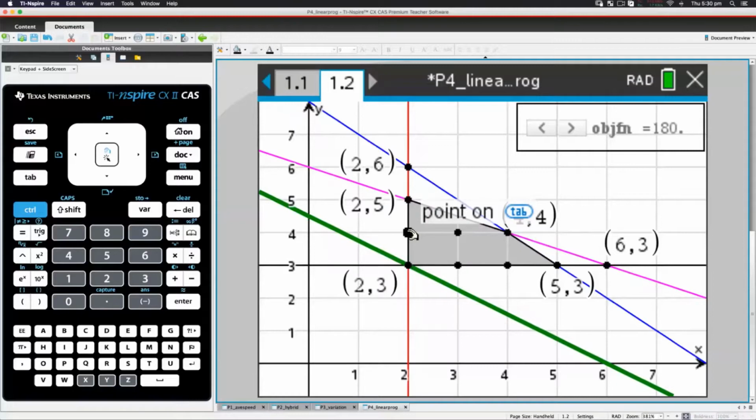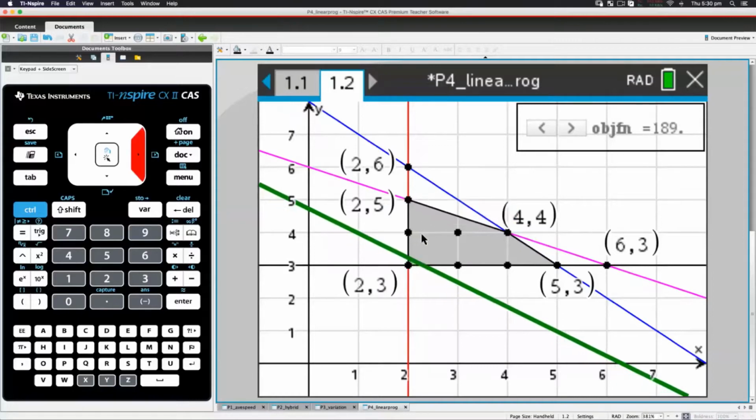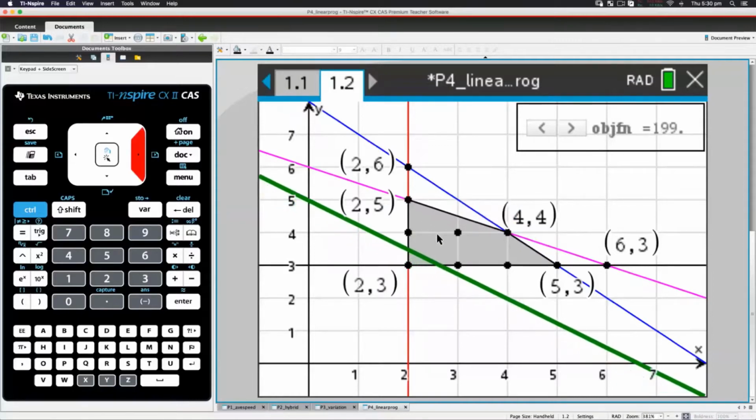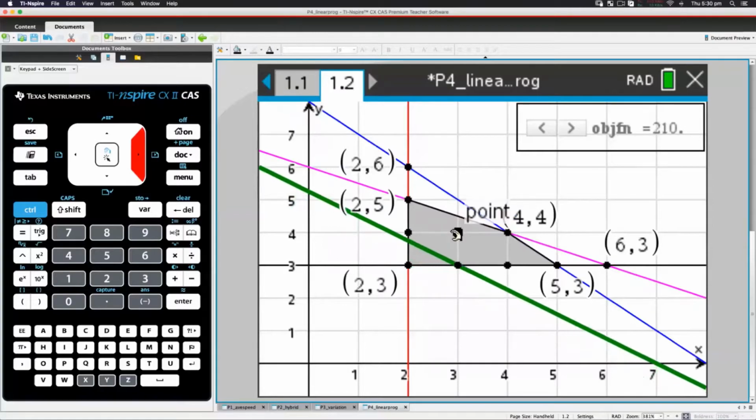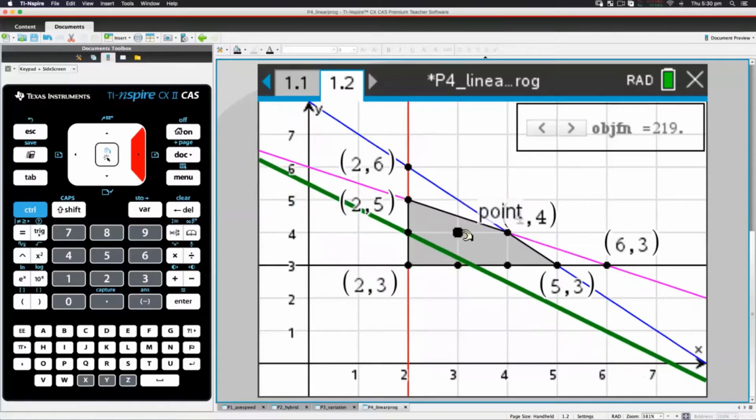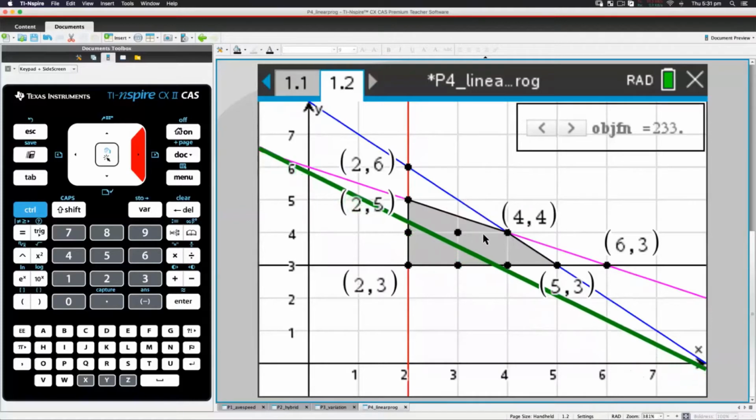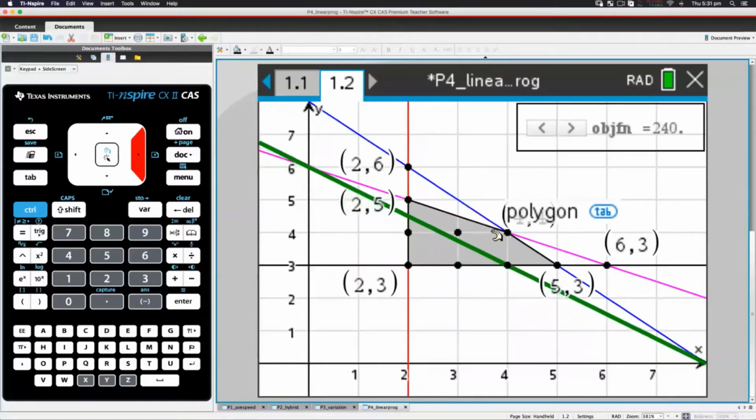So if we slide back, the 0.24 will tell us that you could use that combination, 2 cars and 4 buses, and that would cost $220. Or you could go a little bit further to the 0.43, 4 cars and 3 buses, and that would be $240 and a little bit more expensive.